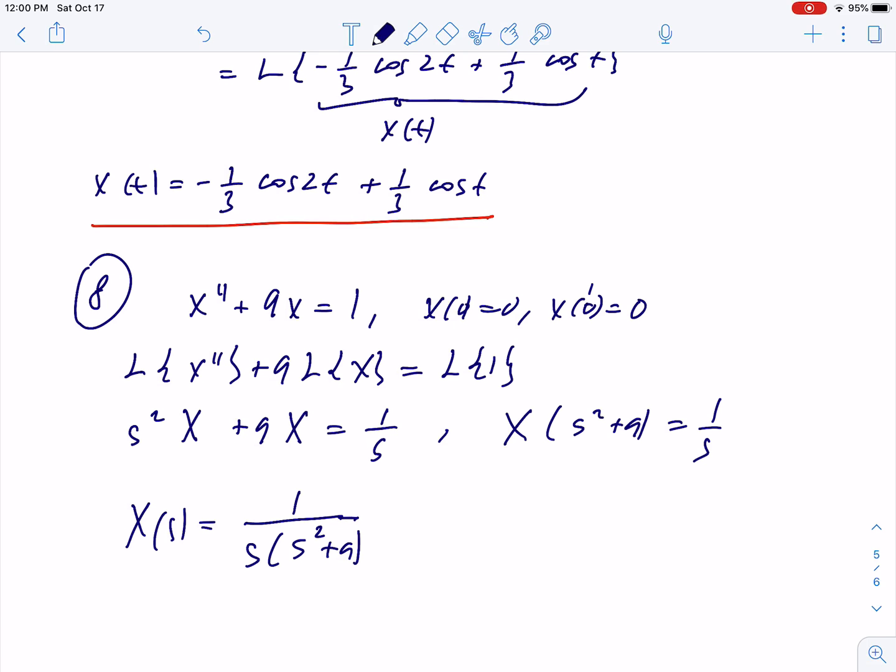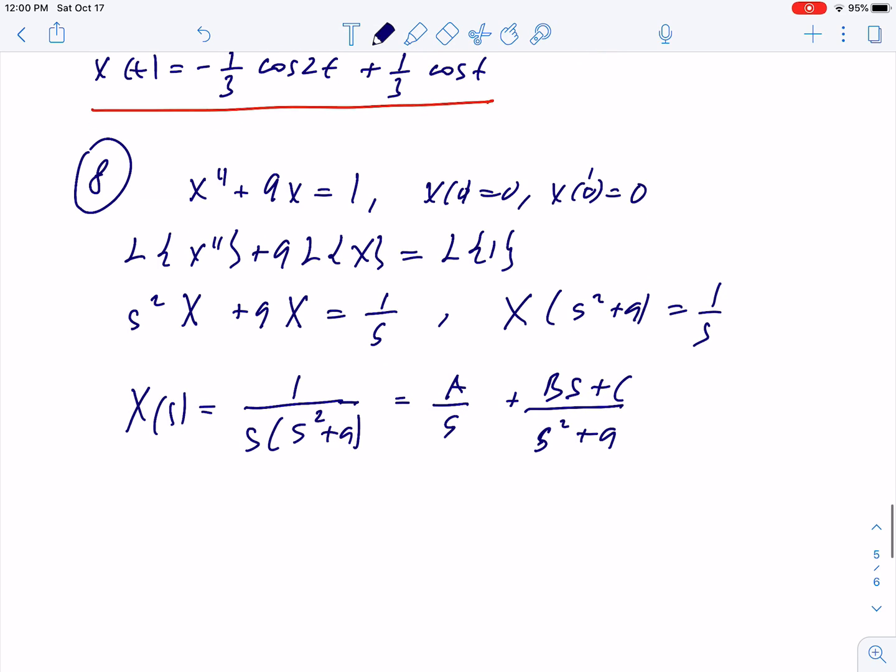And then we have to break this in partial fractions and to invert. Looking for simple partial fraction with s, and for the quadratic expression we have to write (bs plus c) over s squared plus 9. Okay.